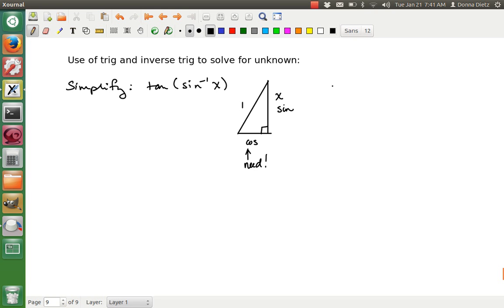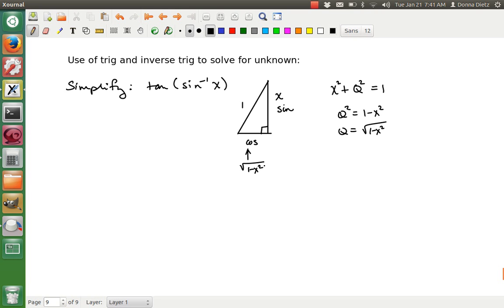So we know that sine squared plus, and I don't know what cosine is, so I'm going to call it q for question. Sine squared plus cosine squared equals 1. We're solving for q. Okay, so we don't need this anymore, we just solved for it. So it's 1 minus x squared all under the square root.